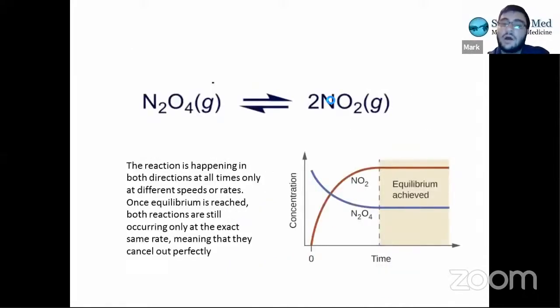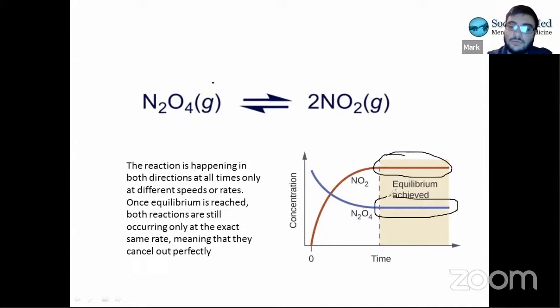Like I mentioned, once equilibrium is achieved, the concentration of products and reactants is usually not the same, though sometimes it could be. When we say one side is favored, what that means is once it reaches equilibrium, that side will have a higher concentration. So if we see here, NO2 has a higher concentration at equilibrium than N2O4.